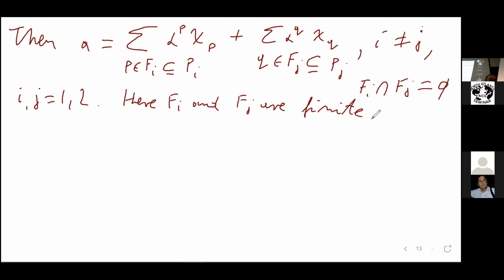Right, because it's a basis in a normal algebraic sense. So an element is a finite linear combination of basis elements. And we can assume without loss of generality that all coefficients are non-zero. So all alphas are non-zero.